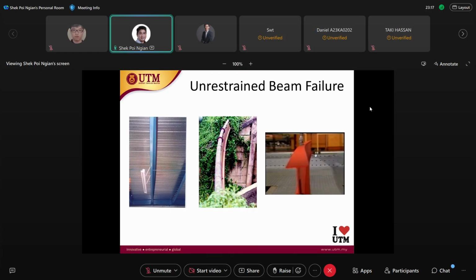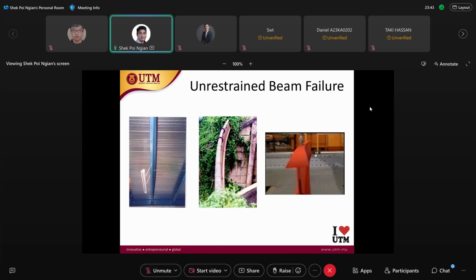Once the beam twisted, the strength, the resistance of the beam dropped because of the lateral movement. So the beam may not achieve the full moment capacity.